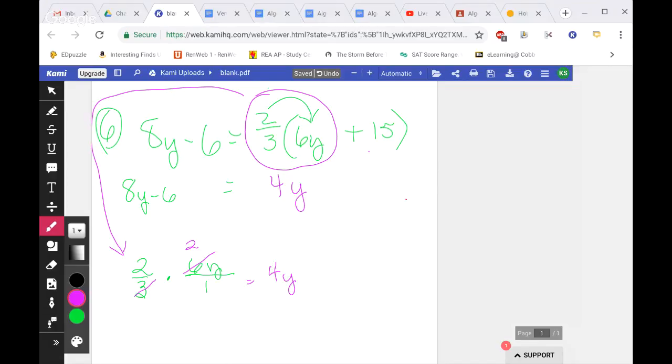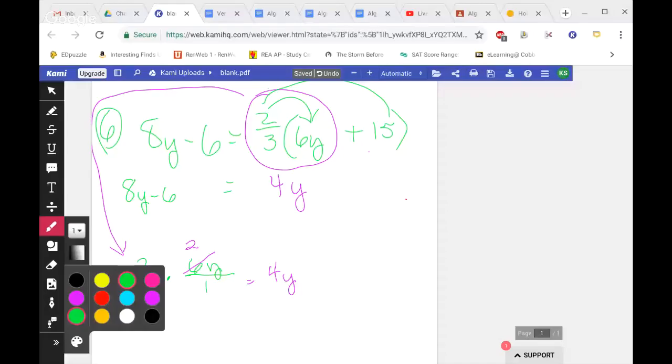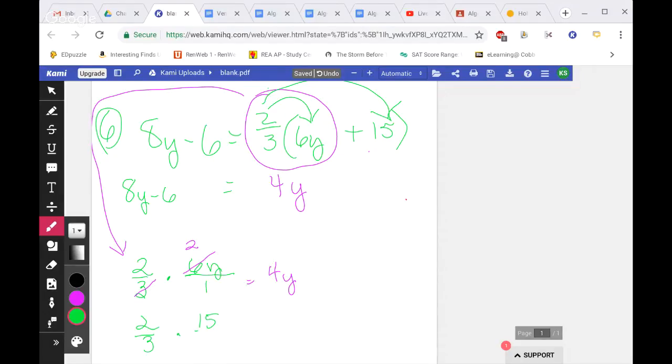Okay? Here, I'm going to distribute my 2/3 to 15. This is my side work down here. I'm going to express it also over 1. All right? So simplify before you multiply.